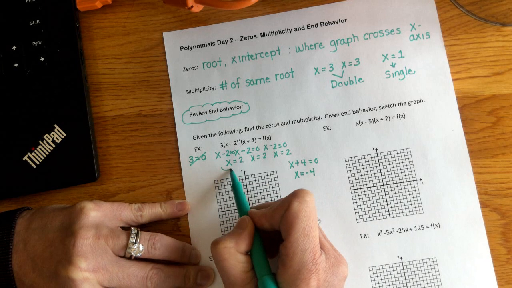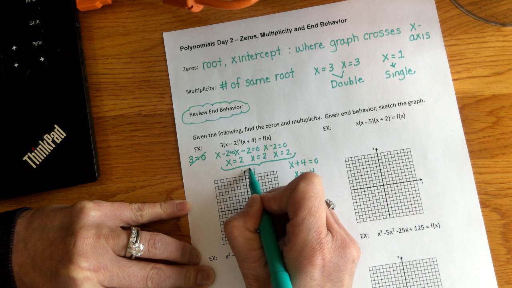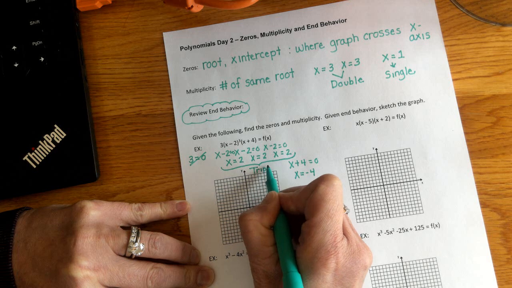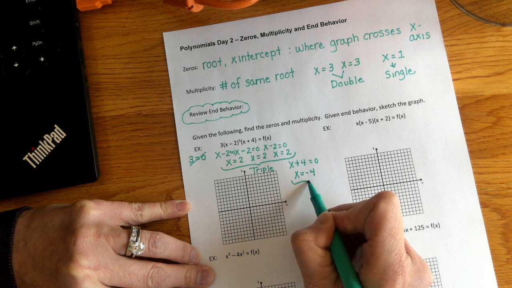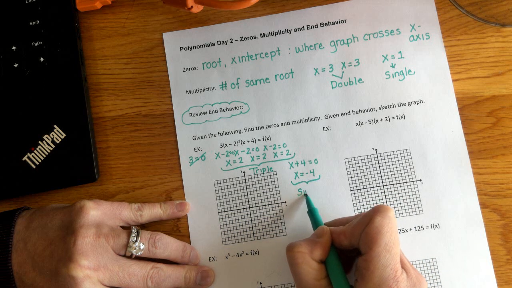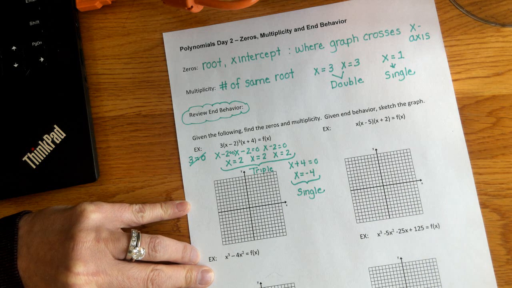When there are 3 of the exact same thing, we call that a triple. When there is just one, we call that a single. And I'll tell you what that means here in a minute.